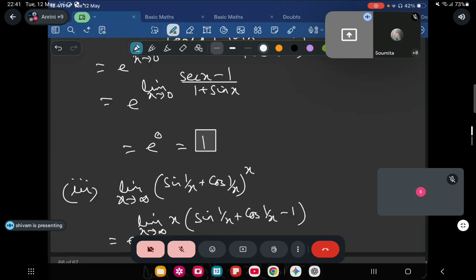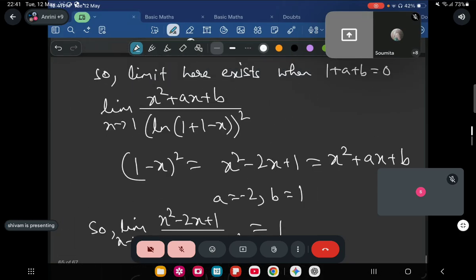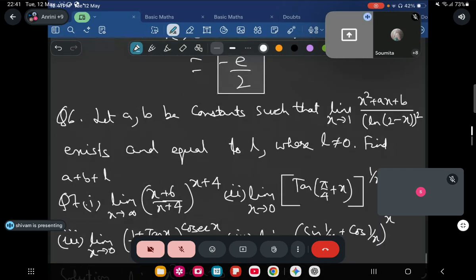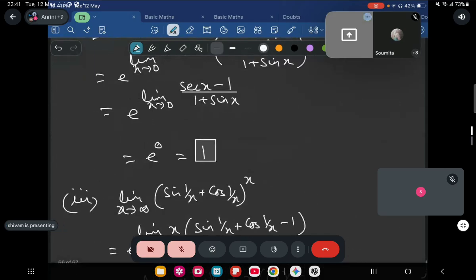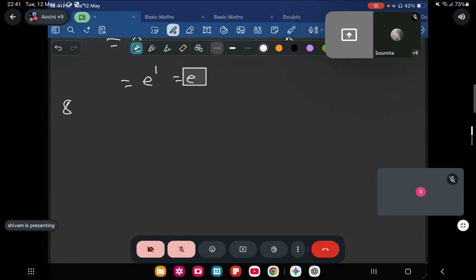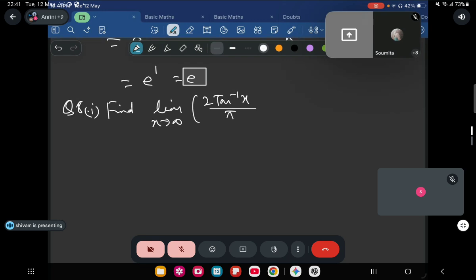Another question. Very soon I'll complete limits. Question number 8. Part 1: find limit x tends to infinity, (2 tan inverse x by pi) whole to the power x.